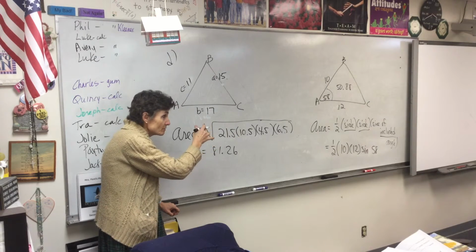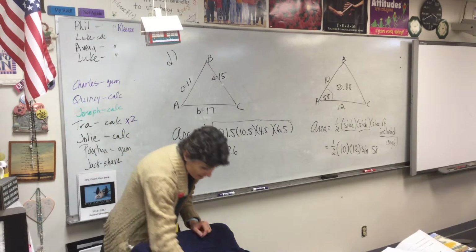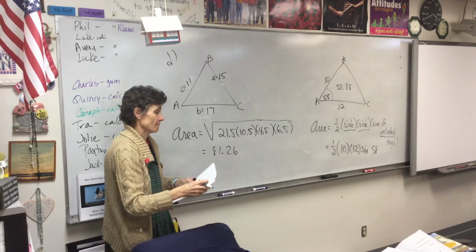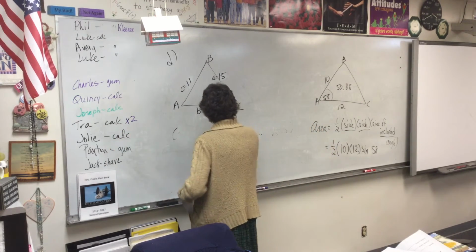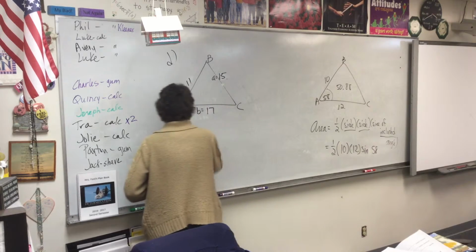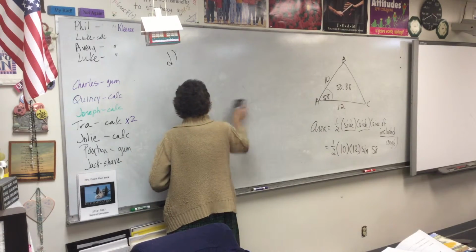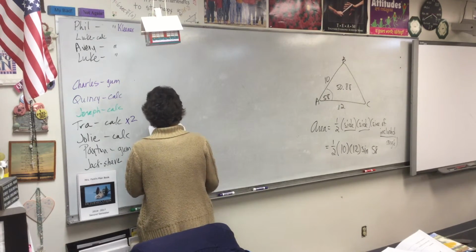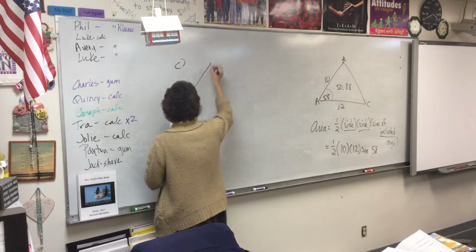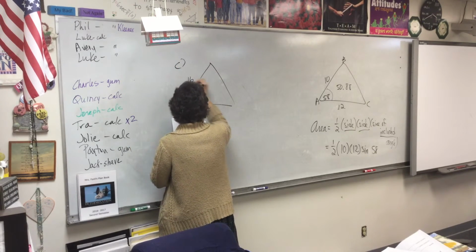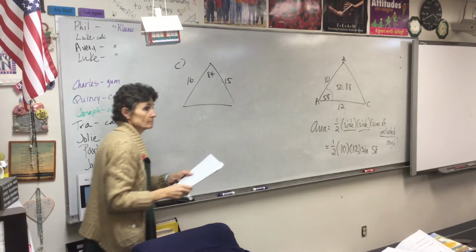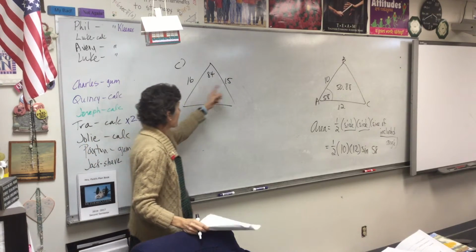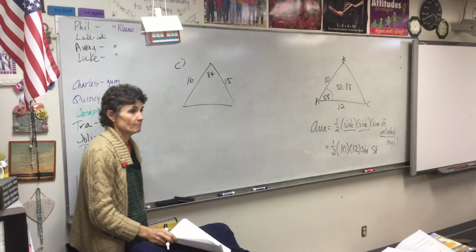Everybody get that answer? Now, look at number C, or letter C. Believe it or not, do you recognize it's exactly the same thing? In letter C, do I have two sides and the included angle? Do I have two sides and the angle in between them?